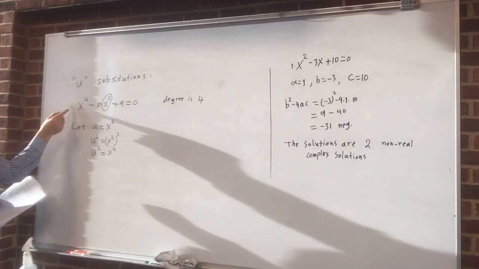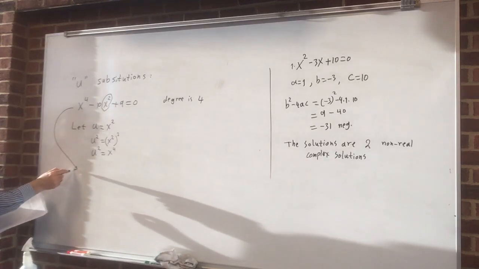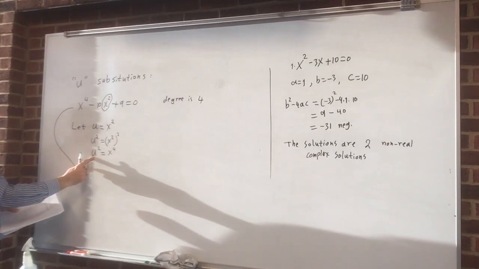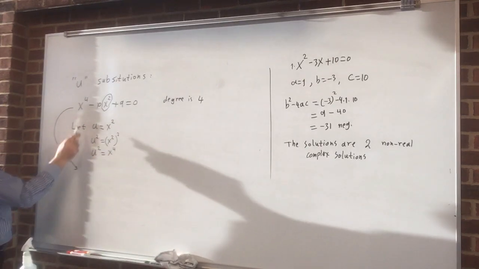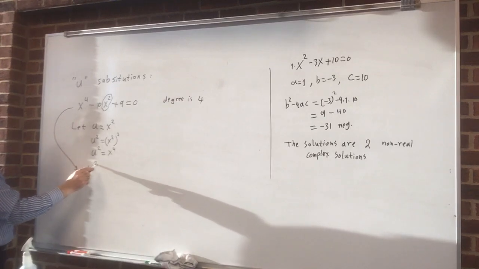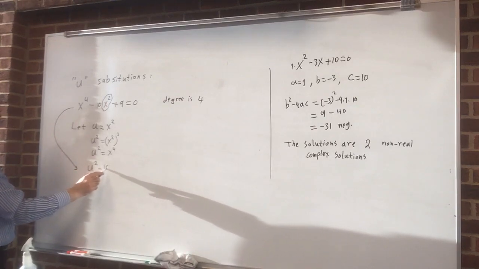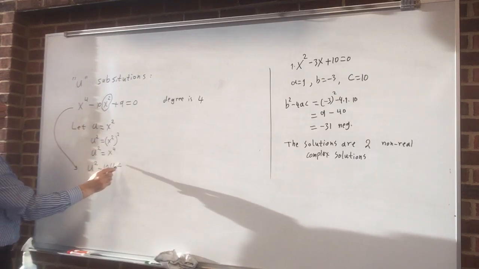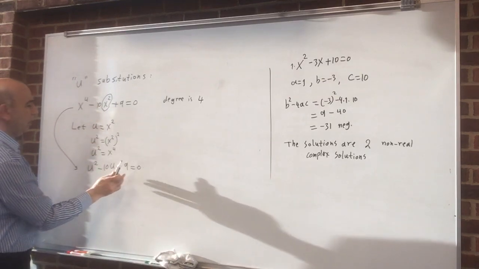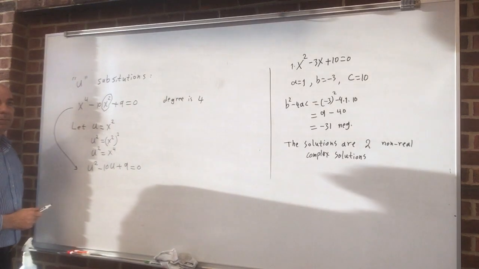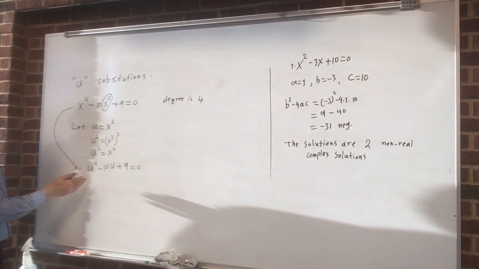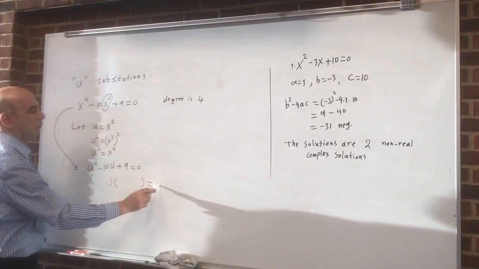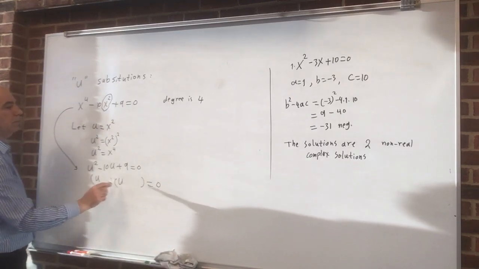Now rewrite this equation. x to the power 4 is u squared, minus 10, x squared is u, plus 9. Now we have a quadratic equation. Factor this by trial and error. u squared is u times u.